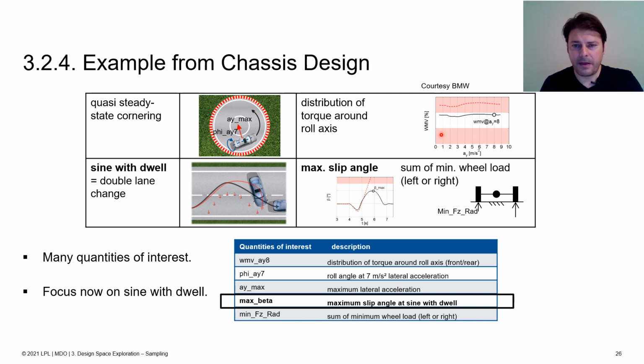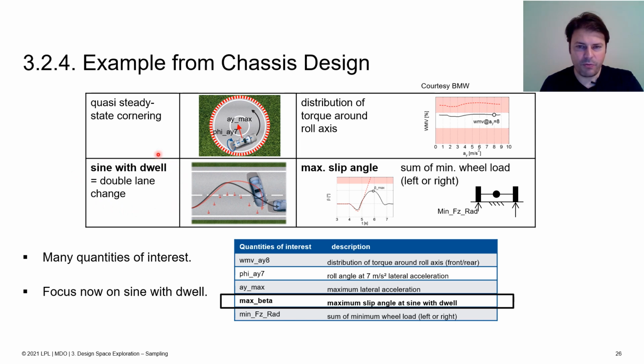Or another important quantity of interest would be the distribution of the so-called roll moment distribution. In German, it would be Wankmomentenverteilung. But this is, I guess, only for experts of vehicle dynamics.